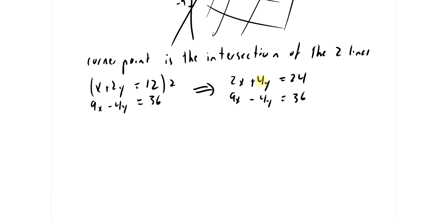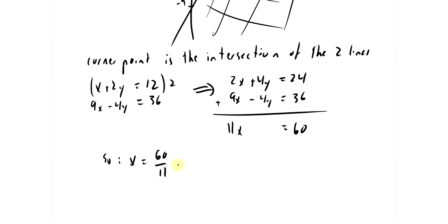Now, my coefficients on y are equal and opposite, so if I add these two equations together, the y's will cancel out. So I get 11x, 4 minus 4, that's 0y, equals 60. Great. So x equals 60 over 11.